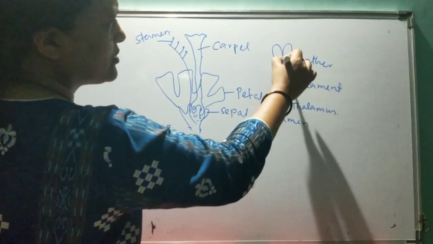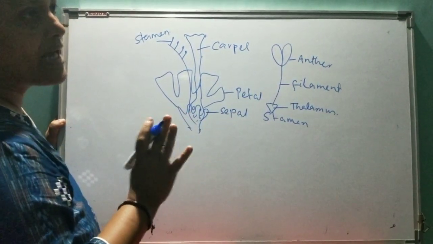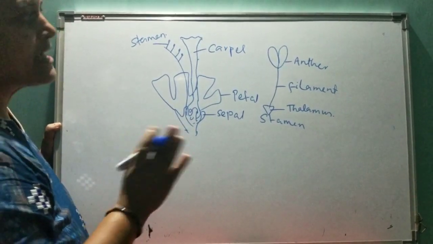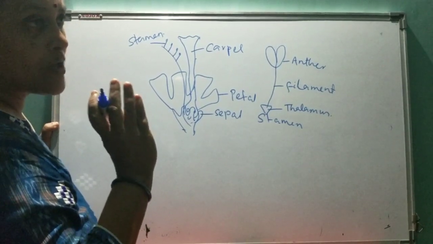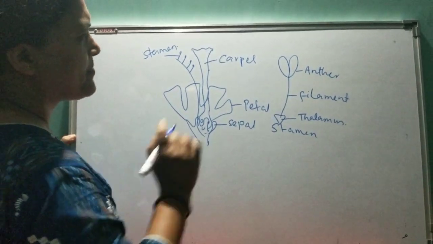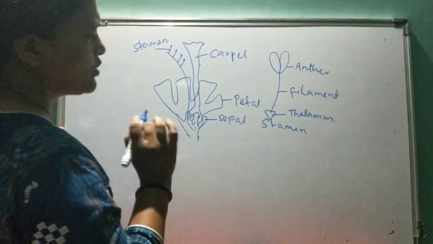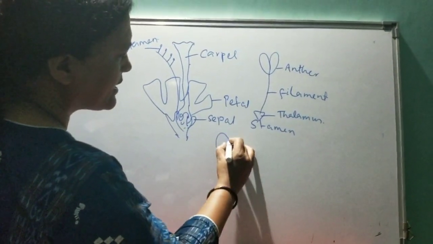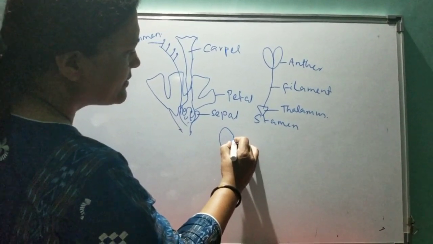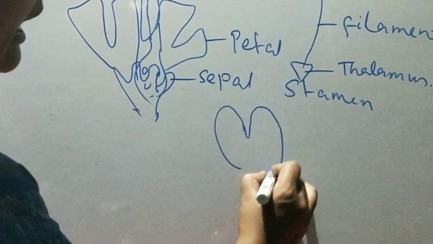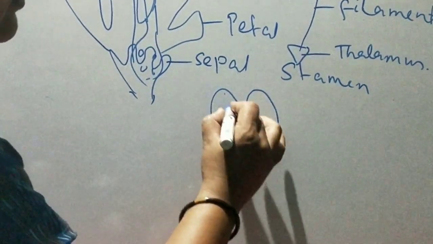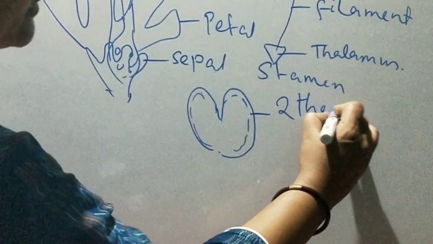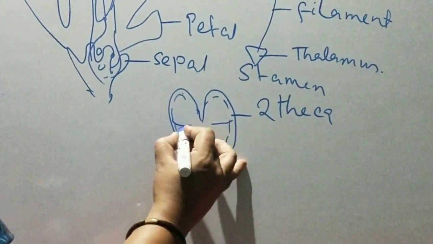Now look, the anther is bilobed in a typical angiosperm. An example of a typical angiosperm is Capsella, from the Brassicaceae family. This bilobed anther is dithecous, having two theca and four chambers.